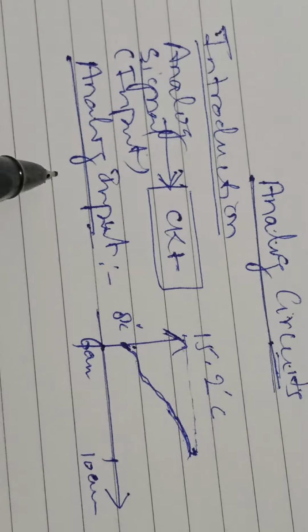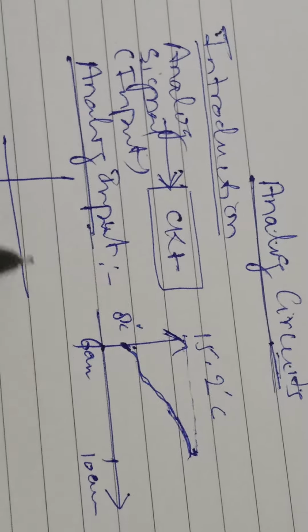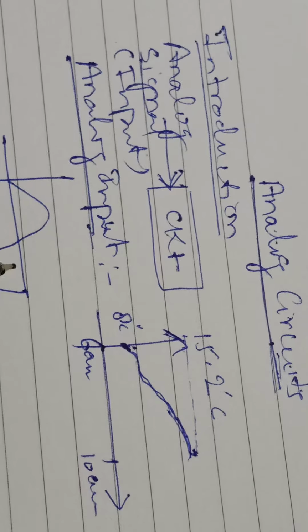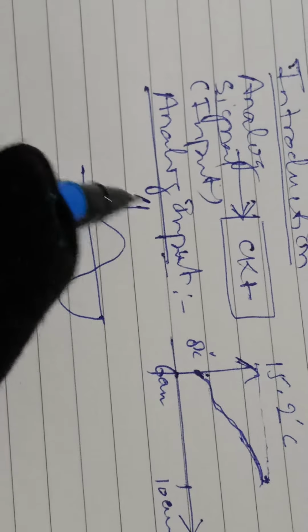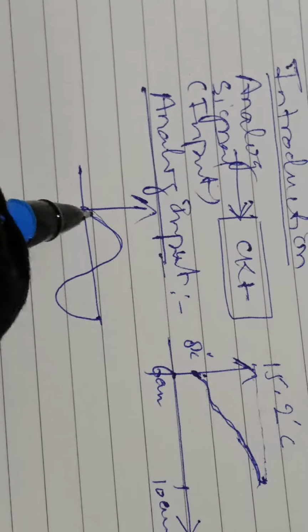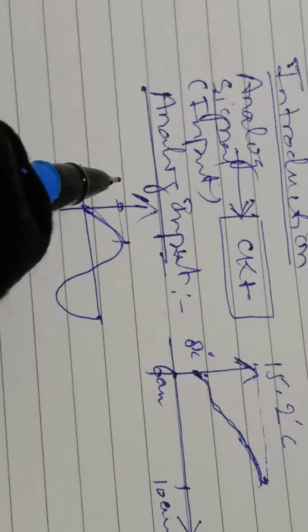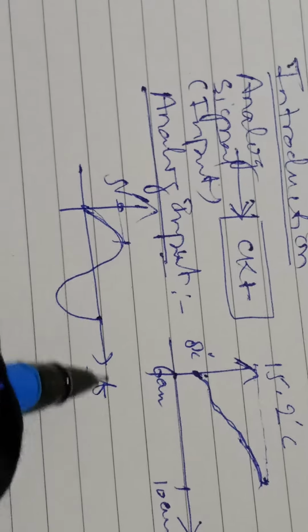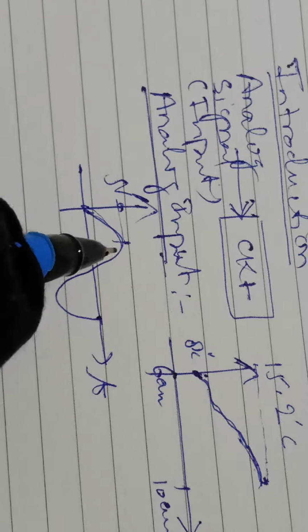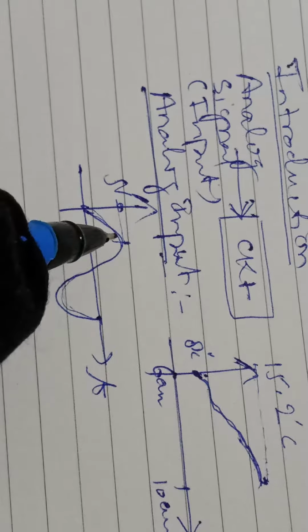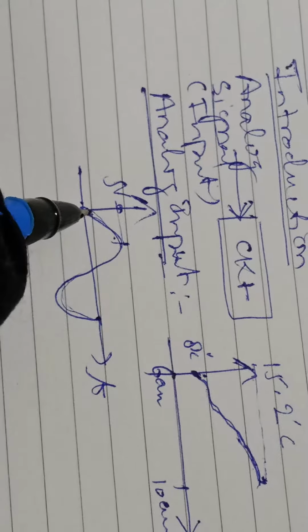In a similar way you can see a sine wave. A sine wave shows an infinite number of values between 0 and a particular maximum, suppose 5 volt, with respect to time. So this signal will be called an analog signal because an infinite number of values are possible between 0 and 5.